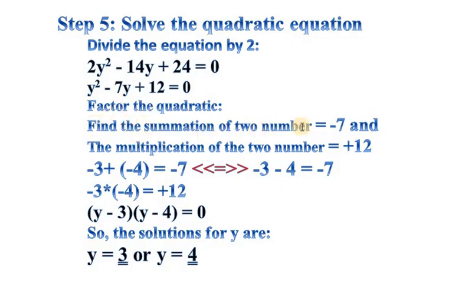Find two numbers whose summation is equal to minus 7 and whose multiplication is equal to positive 12. እንፈልጋለን፣ ወይም ሲደመር minus 7 ሲባዛ ፖዚቲቭ 12 የሚመጡ ቁጥሮችን እንፈልጋለን ማለት ነው። ያ ማለት minus 3 plus minus 4 is equal to minus 7, or minus 3 minus 4 is equal to minus 7.